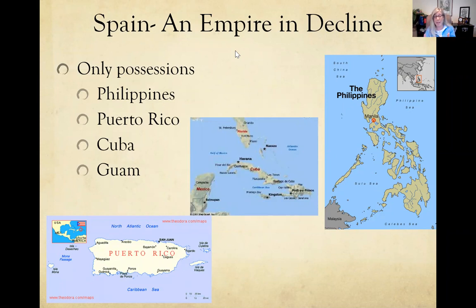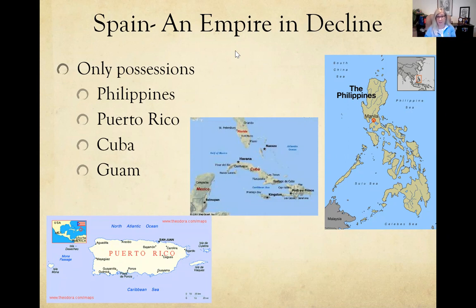Well, Spain ends up losing it to the French anyway, and then they've got Mexico still until the Mexican War for Independence, and so they've lost that.